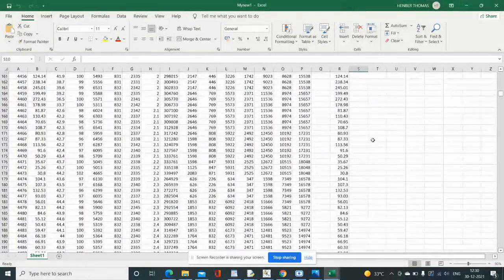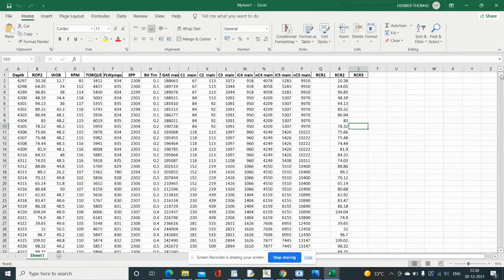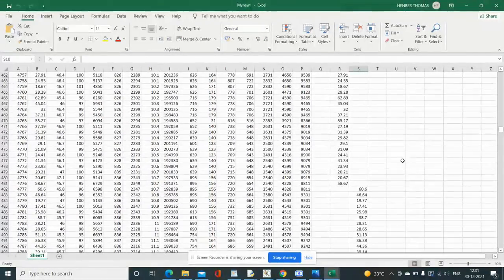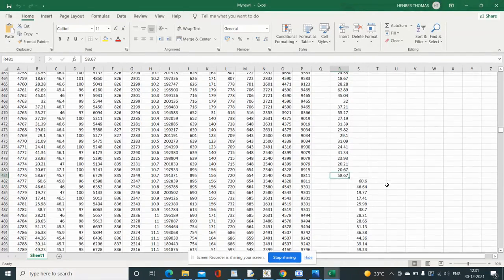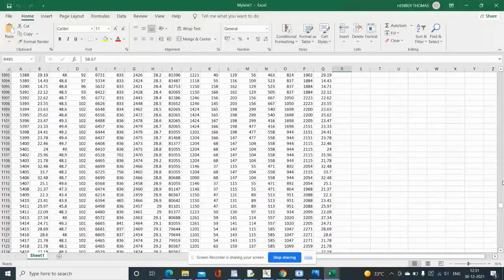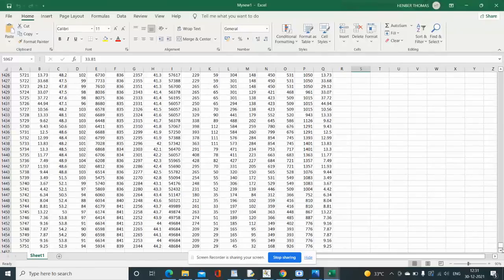Okay, we have cluster 2 from 4297 till 4776, and from 4776 it is cluster 3 until a depth of 5262, and from 5263 it is cluster 1 all the way down till the end.